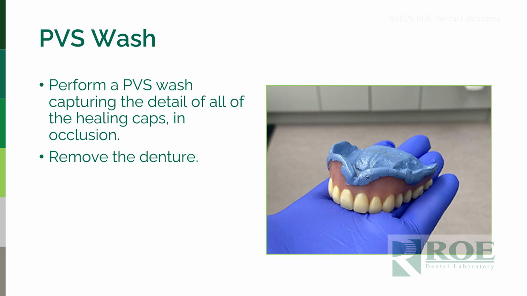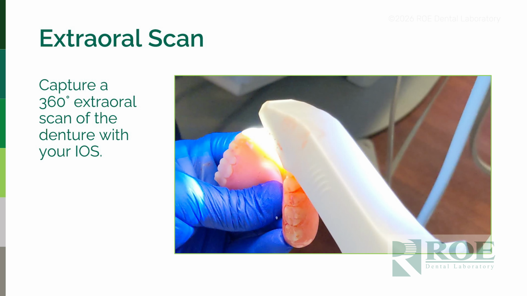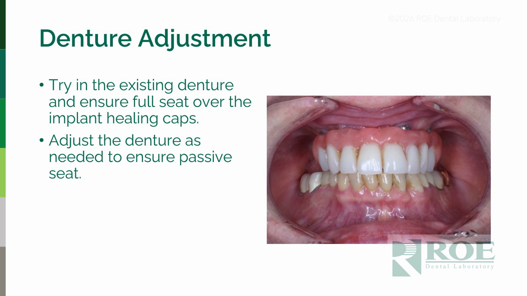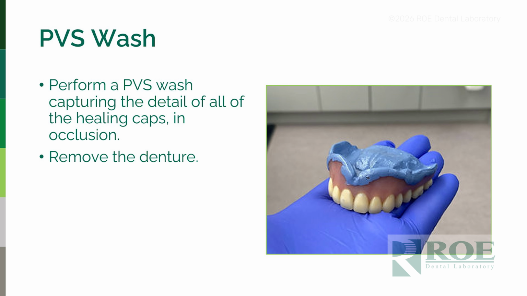So you put that in the mouth, you get the patient to close together, and that will imprint the caps that are sitting on the MUAs into the PVS. So that's your first scan. Okay, so you've got your denture scan, your reline scan in the mouth.